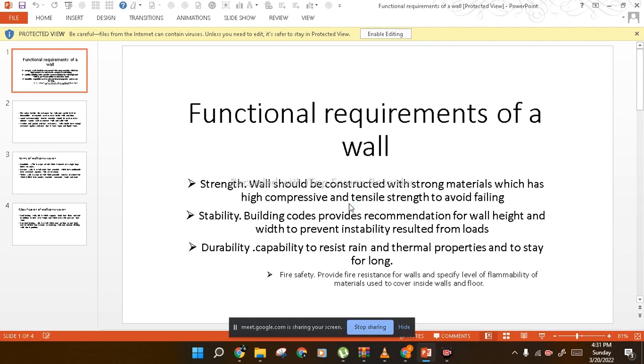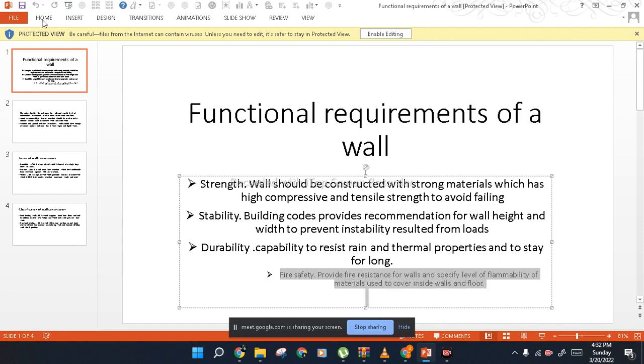And then we have the stability, where any building walls provide a recommendation for a wall height and width to prevent instability resulting from the loads. Then we have the durability. From the word durable, the wall should be able to resist rain and thermal properties to stay for long.